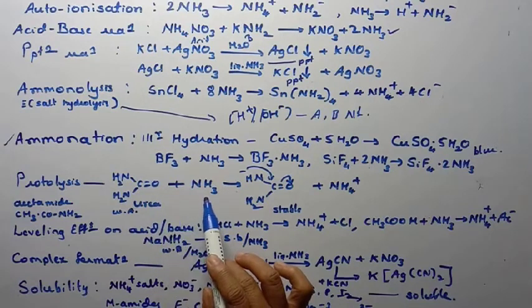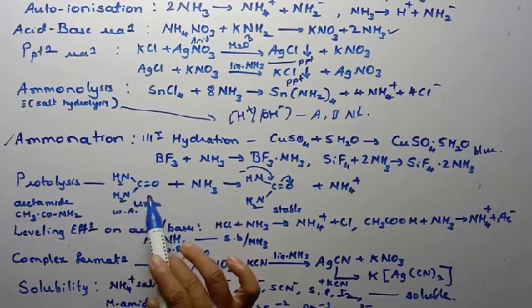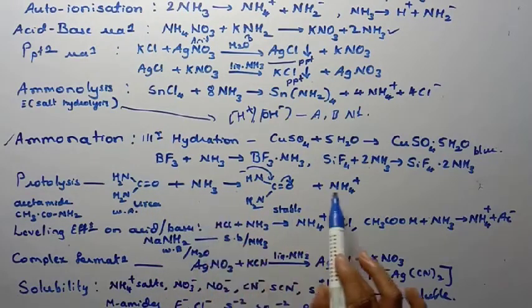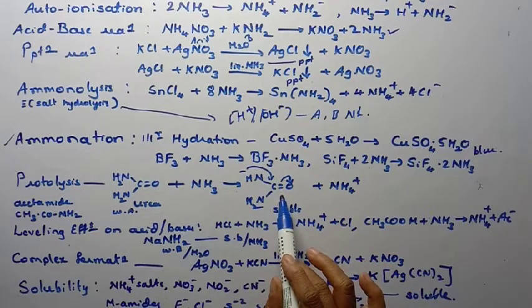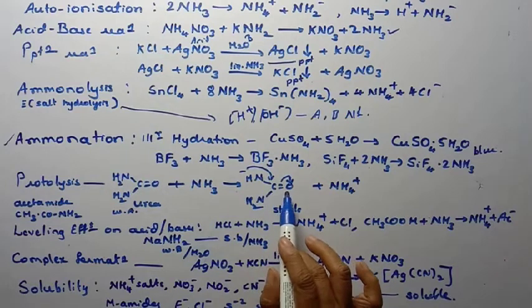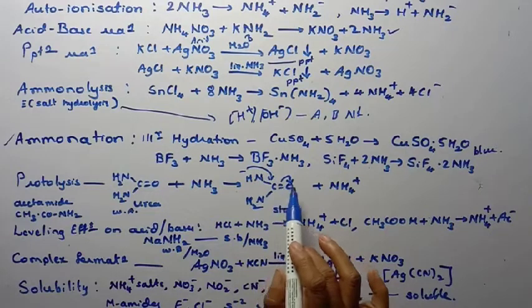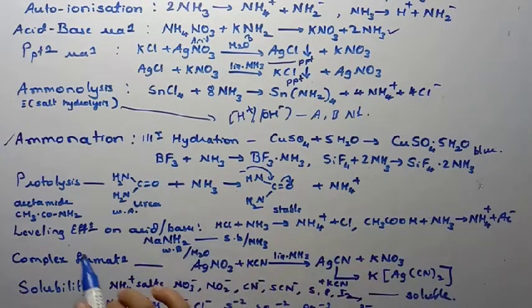But in ammonia, it donates a proton. It acts as a weak acid and donates a proton to ammonia. Ammonium ion is formed, and the resulting ion is very stable due to resonance. The shifting of electrons takes place, and it is a resonance stable ion.